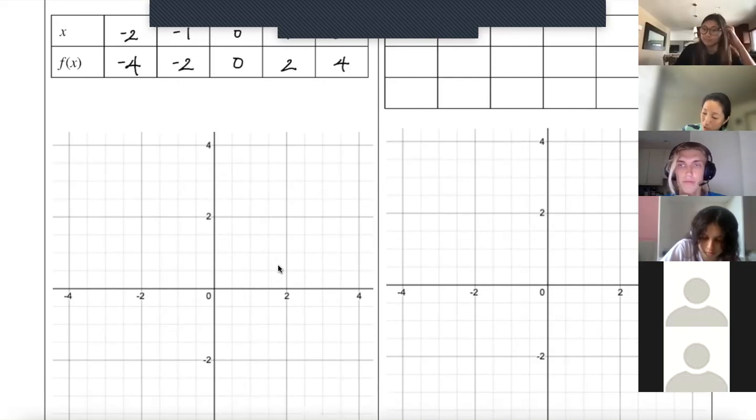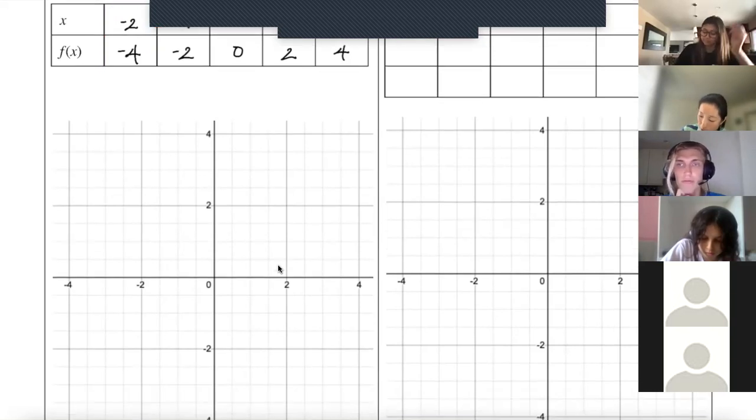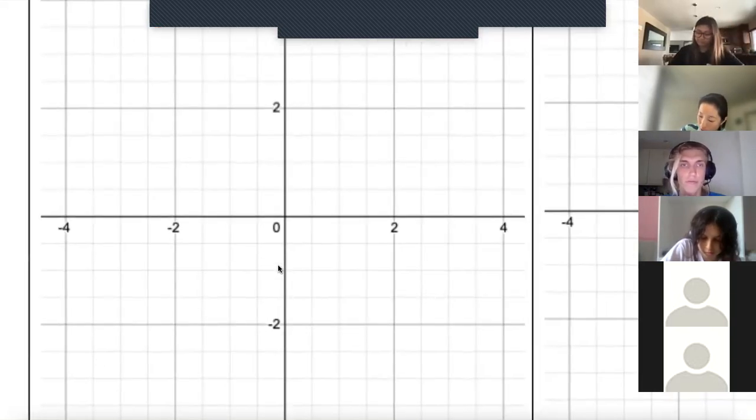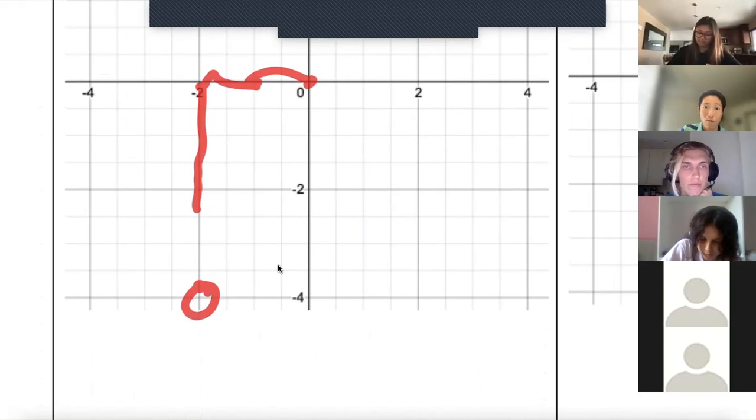If we were to plot the point -2, -4, we would go to our graph and go to the left 2, so I would start here, go to -2, and then go all the way down to -4.